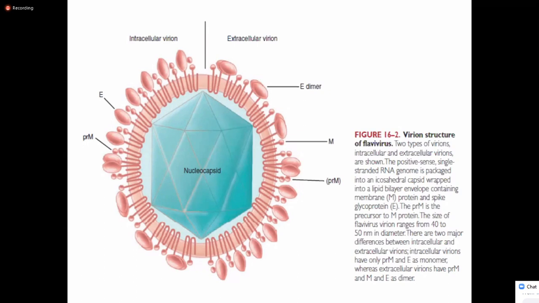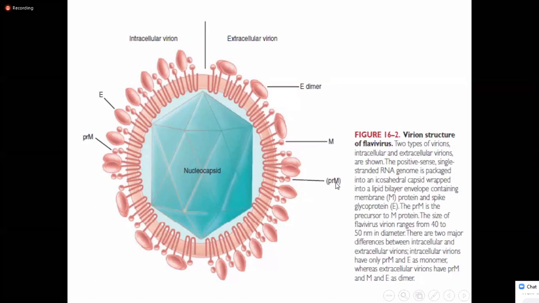Also these viruses have other types of antigens. The M antigen, which is part of the envelope membrane, the M protein, and the precursor M. PR means precursor. From the precursor M, the M will be formed. This is when it is extracellular.